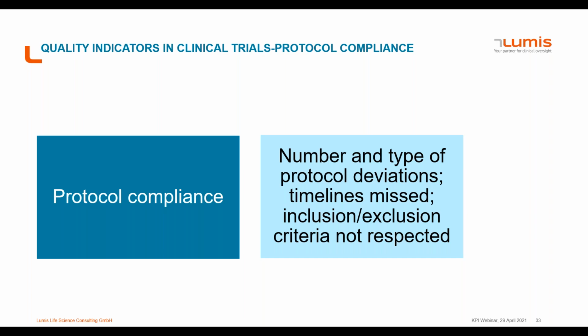So what can we do to really get a focus on trial compliance to the protocol? Well, one is to define the quality goal of compliance with the protocol. This means that it is absolutely imperative to set the scope of protocol deviations and the classification of the protocol deviations prior to starting the clinical trial.